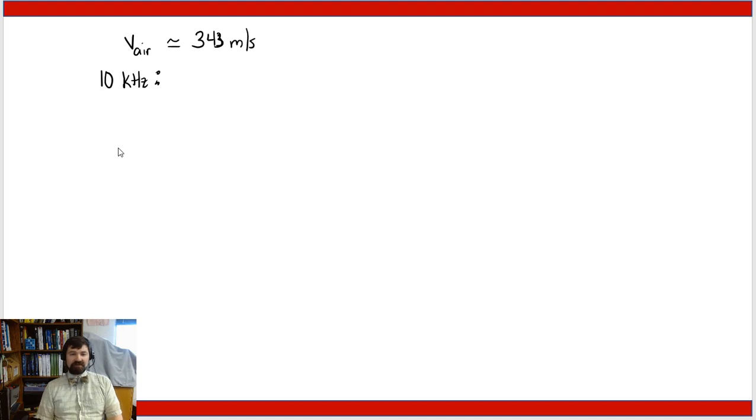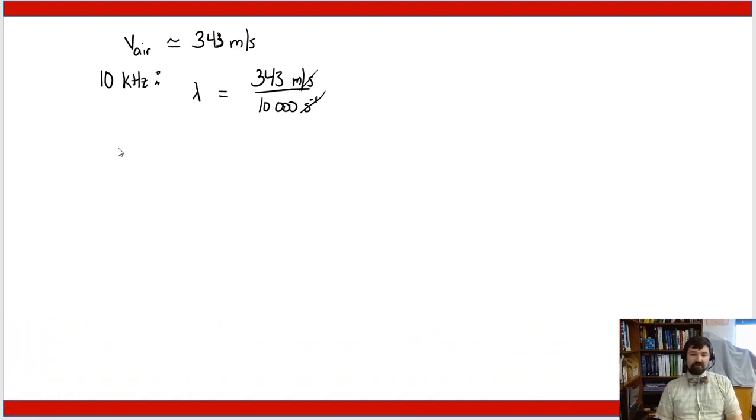So at 10 kilohertz, lambda is going to be 343 meters per second divided by 10,000 hertz, or 10,000 per second. So the per seconds will cancel. You will end up with 0.0343 meters. This is about 3.43 centimeters as your resolution. Or in other words, about 1.7 centimeters for your wavelength for the upper end of human hearing.